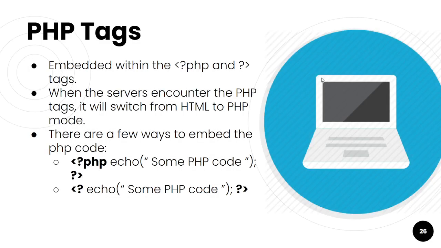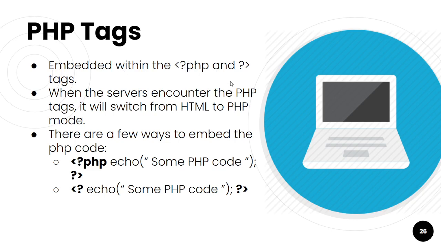Of course, in order to code in a web programming language, you need to use the tags. PHP works with these little things: angle bracket, question mark, PHP, and a closing question mark and angle bracket. When the server sees these PHP tags, it goes, oh cool, you want to run some PHP?